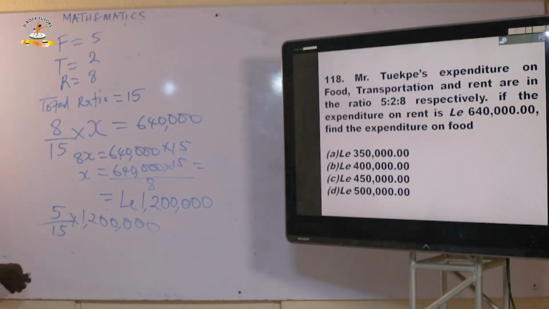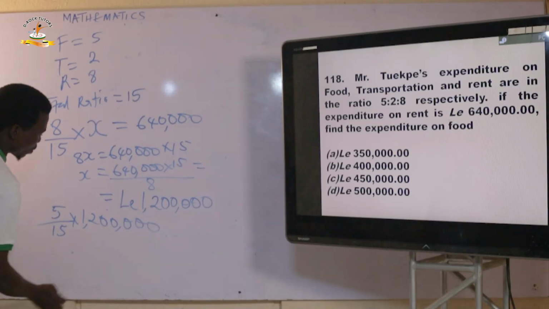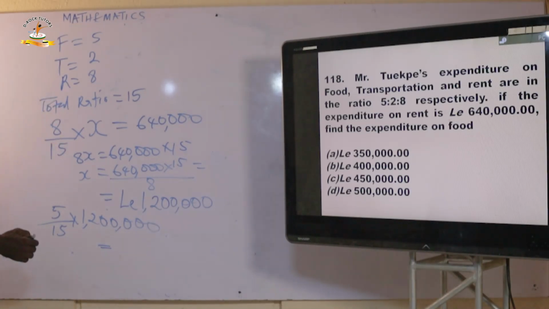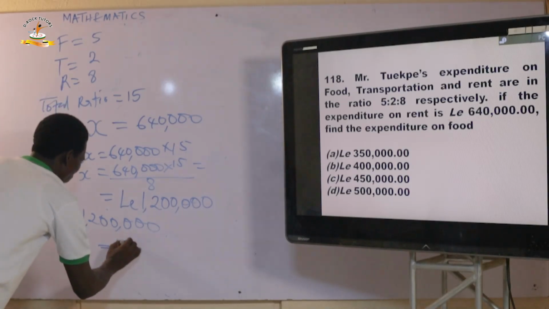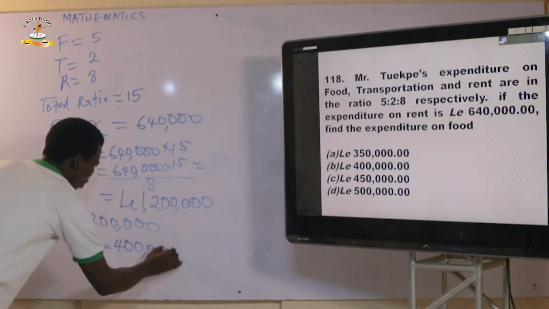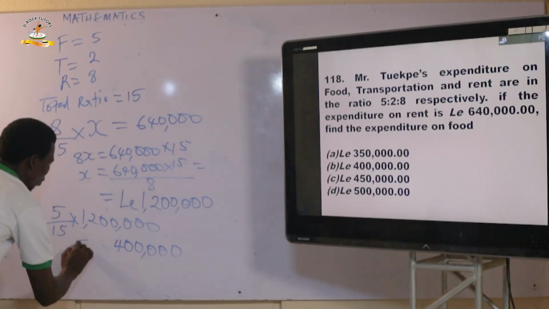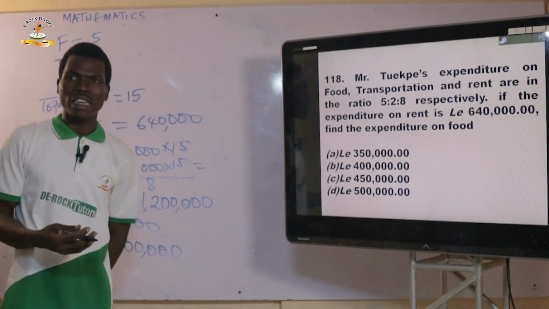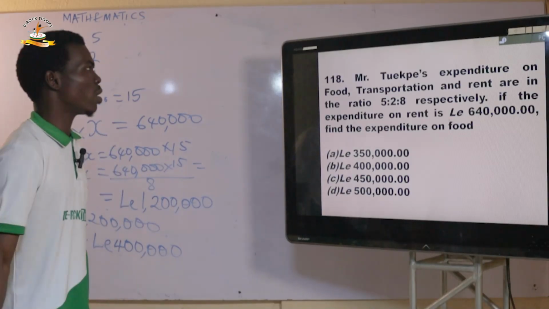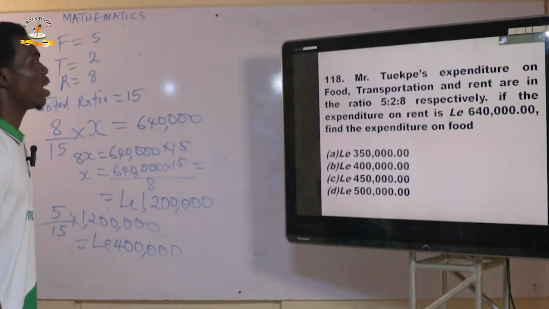This is simply 1/3 of the total amount, and the answer is 400,000 leon. So the correct option is B. Question 119 is next.